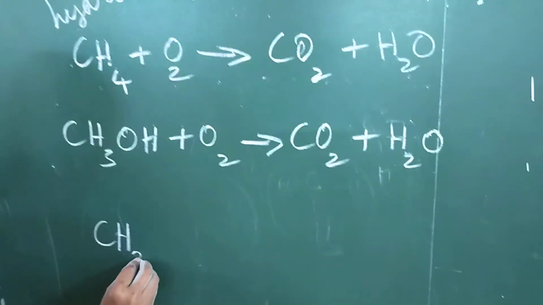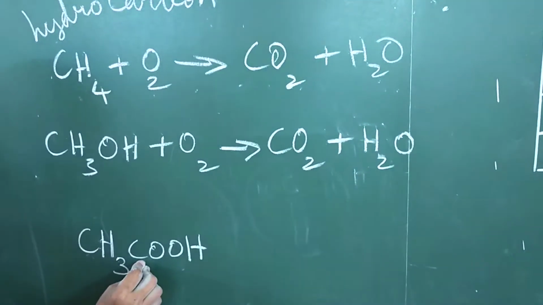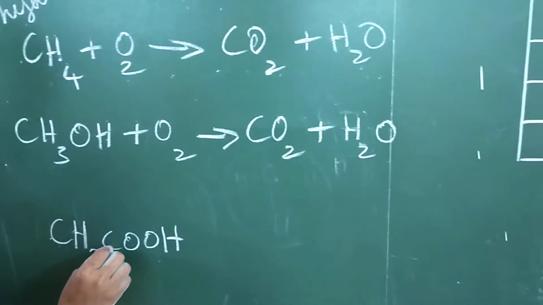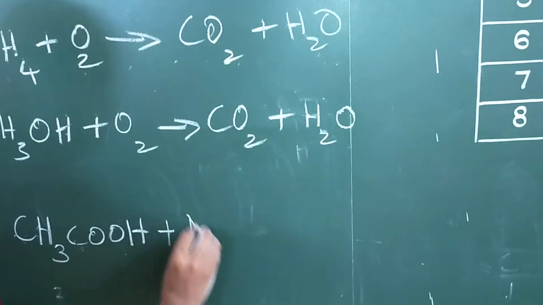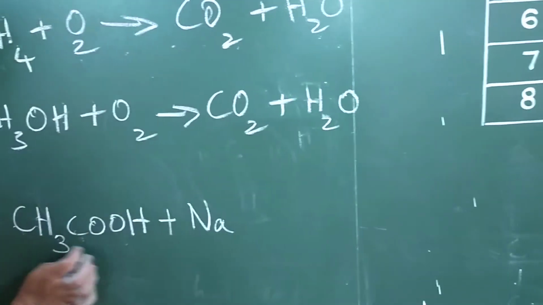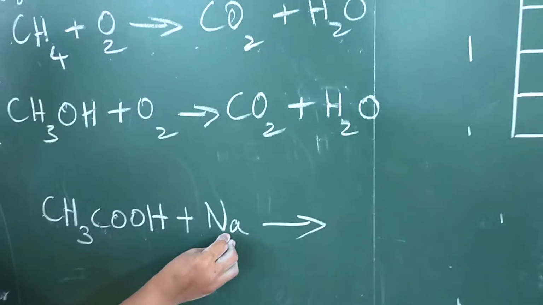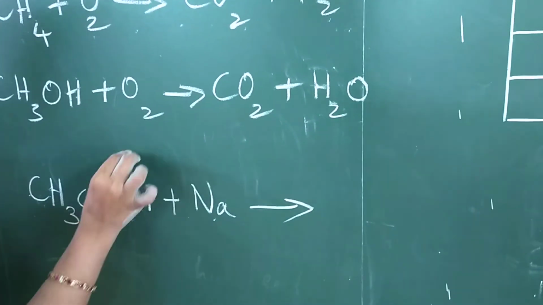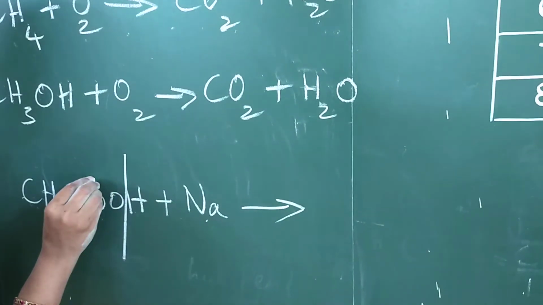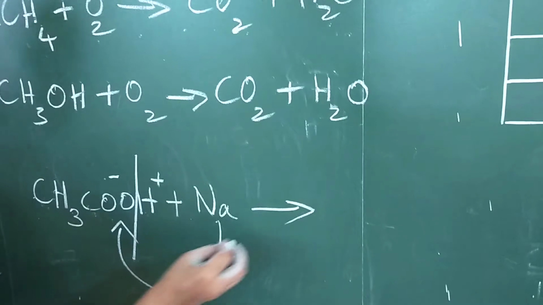Acid reacts with metal, you will get salt. For example, what acid? Ethanoic acid, the 2-carbon ethanoic acid, reacts with metal. Say this metal is sodium. What do you get? This sodium will combine with this acetate group. It dissociates into CH3COO minus and H plus. So the sodium will attach here.